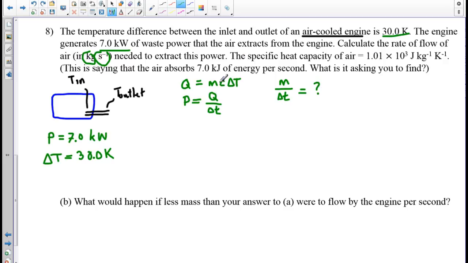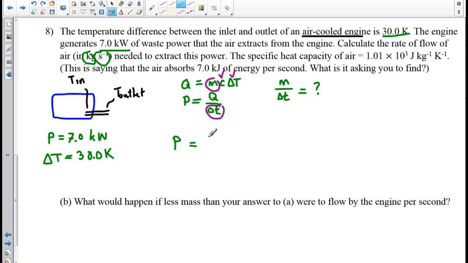The specific heat capacity, they gave me C. So I know C, I know delta T, and I need m over time, mass per unit time. Here's mass, this is Q, here's time. Let me combine these two equations.